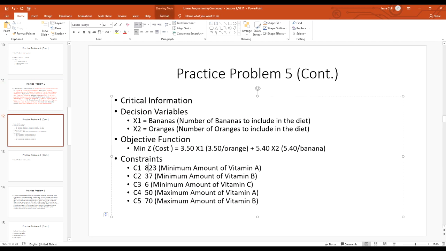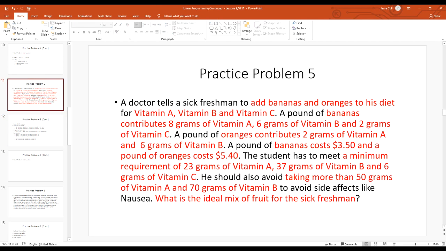So 8 X1 plus 6 X1 plus 2 X1 plus. And we're going to come in and we're going to check our banana situation, our oranges.